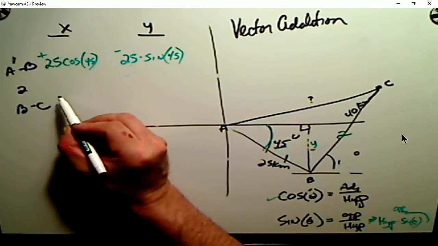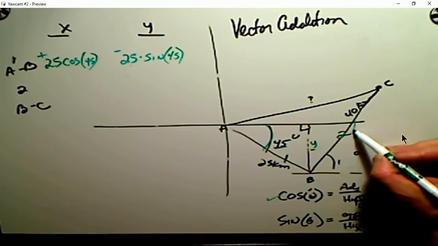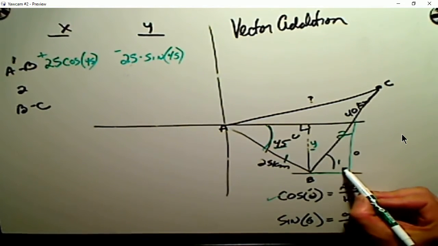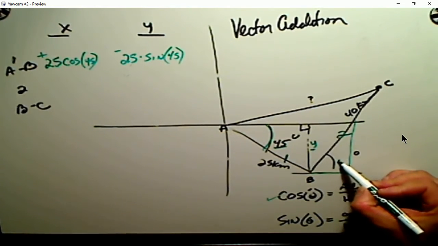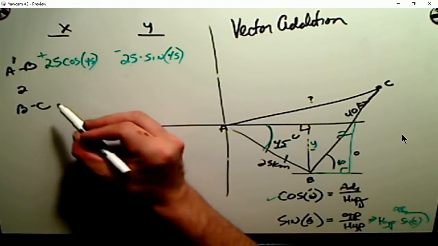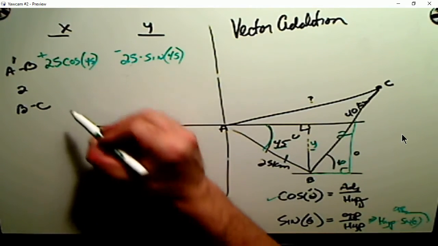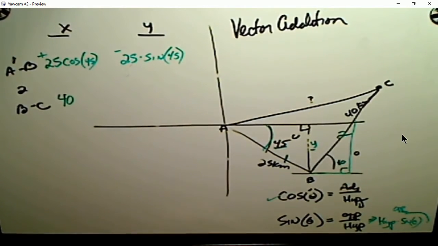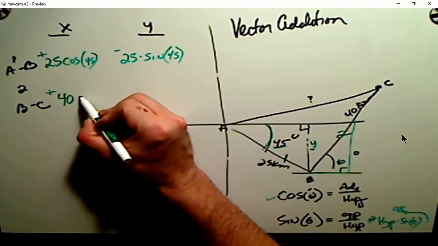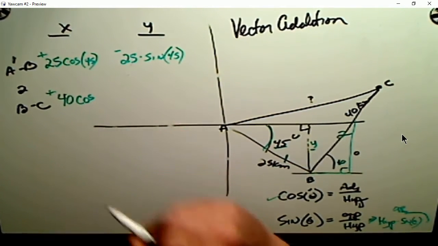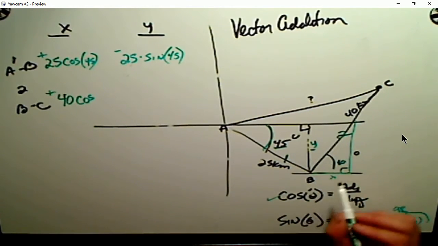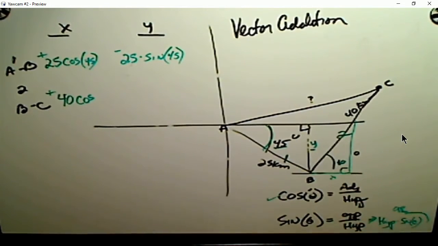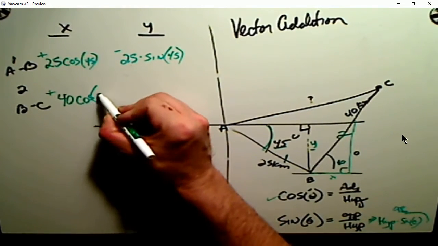Let's do the similar thing for this triangle right here. This angle being 60 degrees, we know that it's 40 kilometers. Positive x direction: the adjacent side to this angle is in the x direction, adjacent to the angle, and the angle is 60.